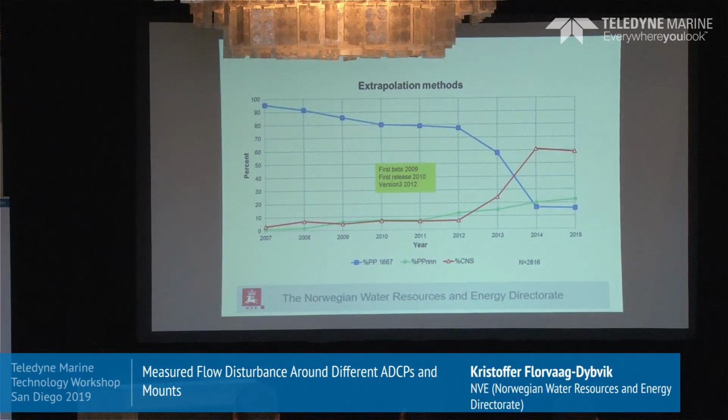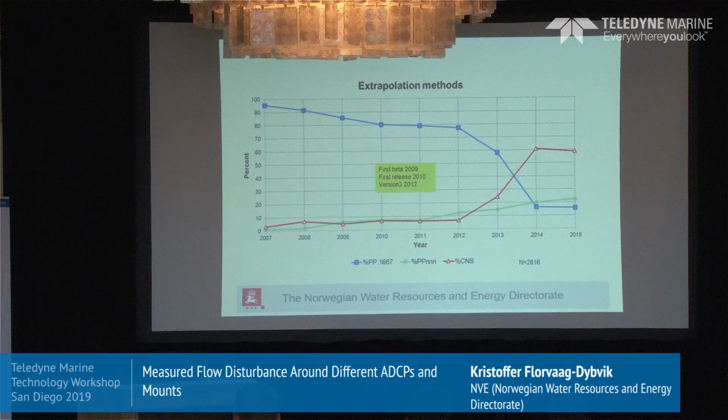And it was used in almost 100% of the measurements before we started using Extrap. The first beta version of Extrap came in 2009. You can see the blue line going down. That's the default extrapolation. The green and the red ones, that's not default extrapolation methods, it is other methods. Then we had the first release version in 2010 and a way better version in 2012.